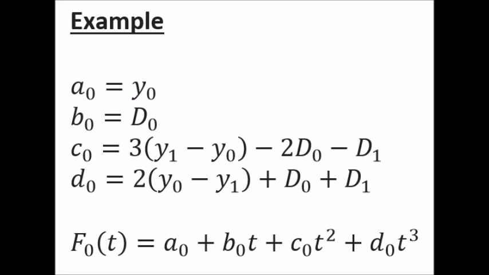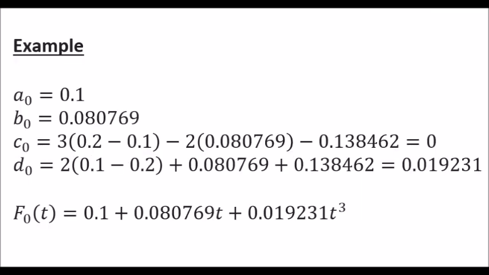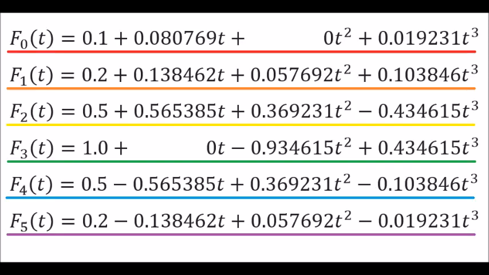Now the subscripted i's have become numbers. Here I plug in the numerical values for each variable. Y's come from our data table. D's come from our matrix solution. The polynomial at the bottom is our answer. We can do the same thing for every other segment. The results are summarized here.